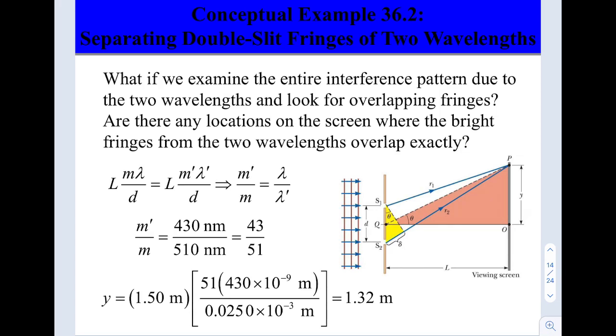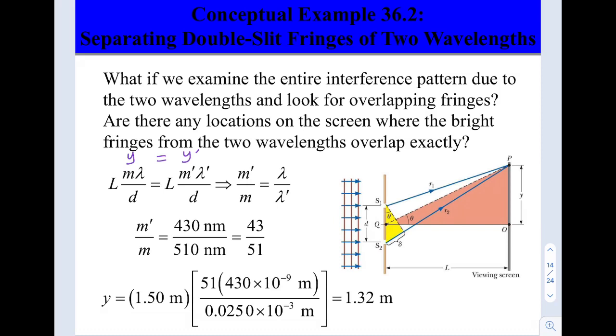Find such a location by setting the location of any bright fringe due to lambda equal to that due to lambda prime. So this is basically the idea, y equivalent to y prime, because we want to take a look at the overlapping position.